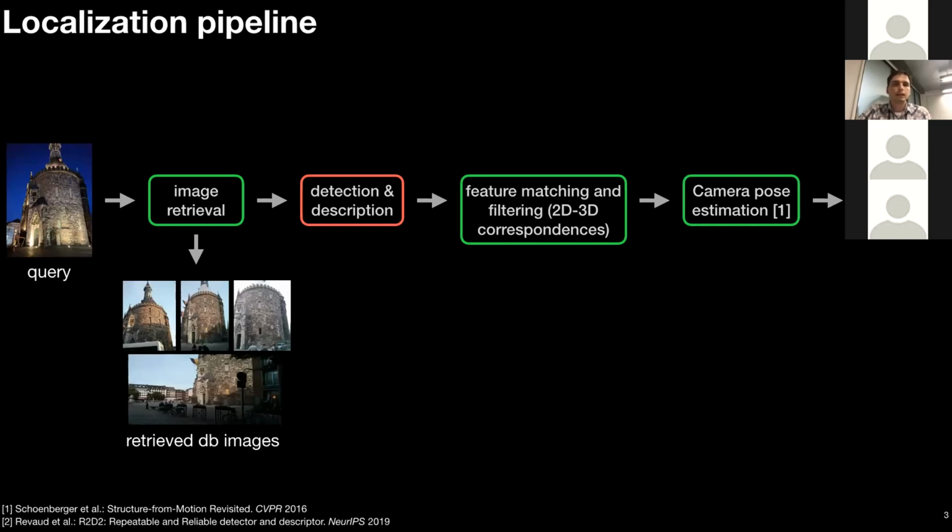So let's first look at the localization pipeline. I think it's very well known to the community and the audience. First we have a query image, and we retrieve the top K database images, similar reference images, using global image descriptors such as NetVLAD or DenseVLAD. Then keypoints are detected in each image independently, and corresponding descriptors are extracted.